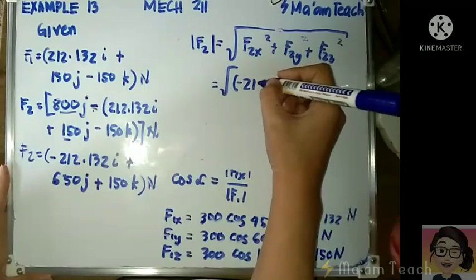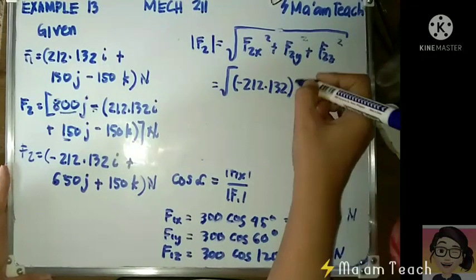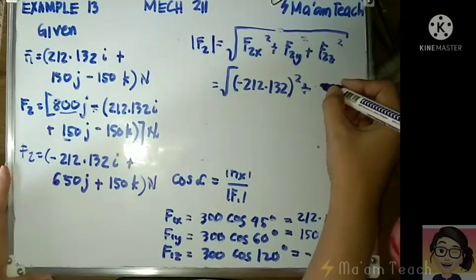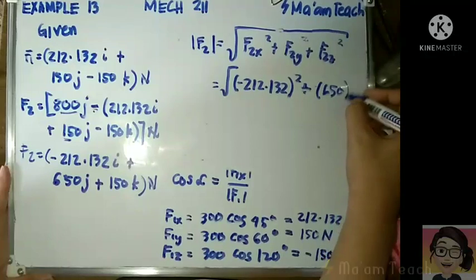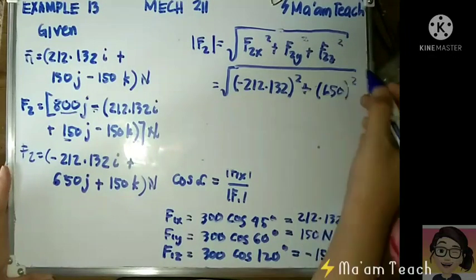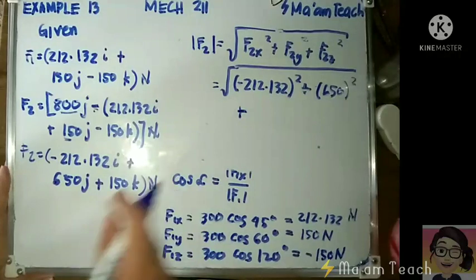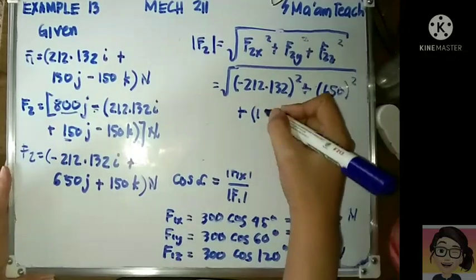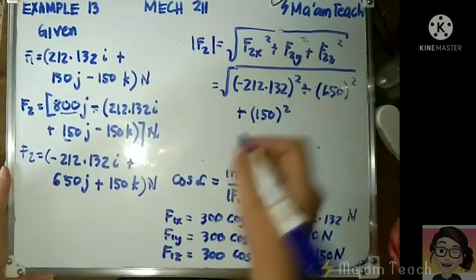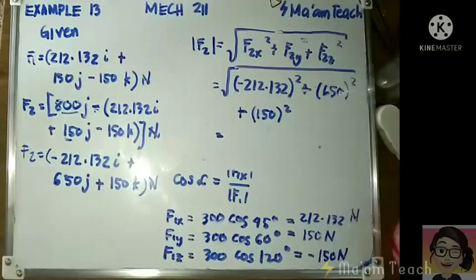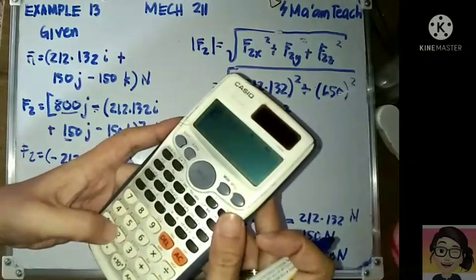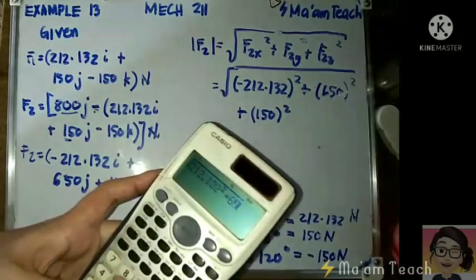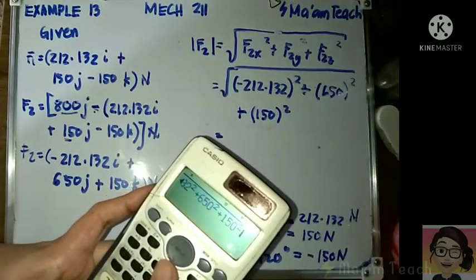So, substituting, your x component here is negative 212.132 squared plus your y component is 650 squared plus z component is 150 squared. There. So using your calculator, square root of 212.132 squared plus 650 squared plus 150 squared.